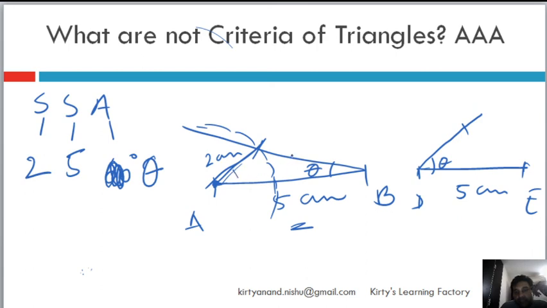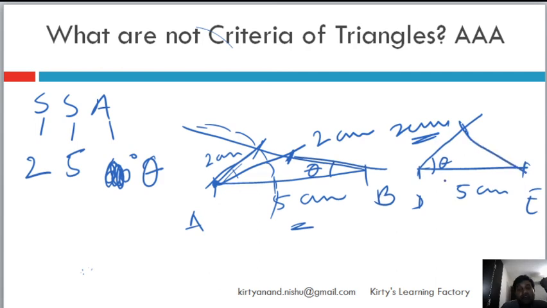Then what happens is that your 2 centimeter is basically from this side, the 2 centimeter is here, and then you get a different triangle, right? Because now I am cutting the 2 centimeter arc on the direction of theta. So now I am getting a different triangle altogether.